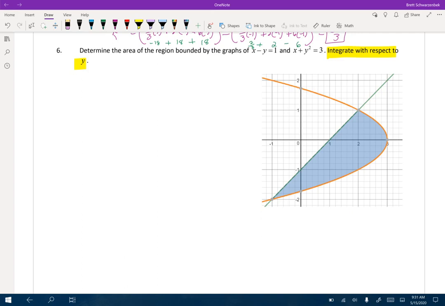So real quick, just to be clear on this, if we make a representative rectangle of this area, we know we're making a horizontal one because it's with respect to y, which makes this dy, and then this is going to be this curve minus this line. Right away, what are we going to have to do with those rectangles?